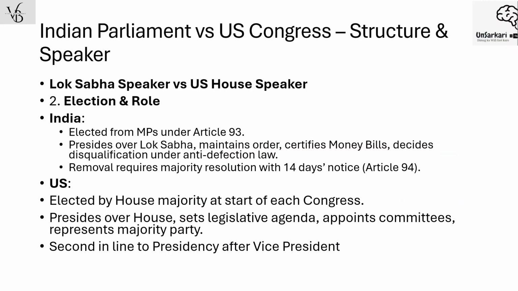So the Lok Sabha Speaker under Article 93 presides over the Lok Sabha, maintains order, and certifies money bills. Removal requires a majority resolution with 14 days' notice, and I already said that the US House Speaker is very important in political terms.